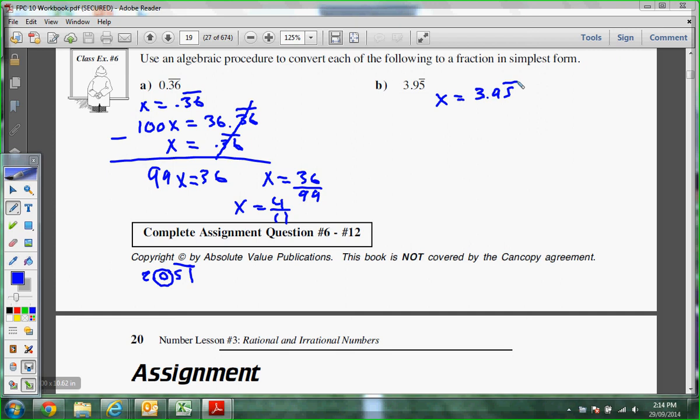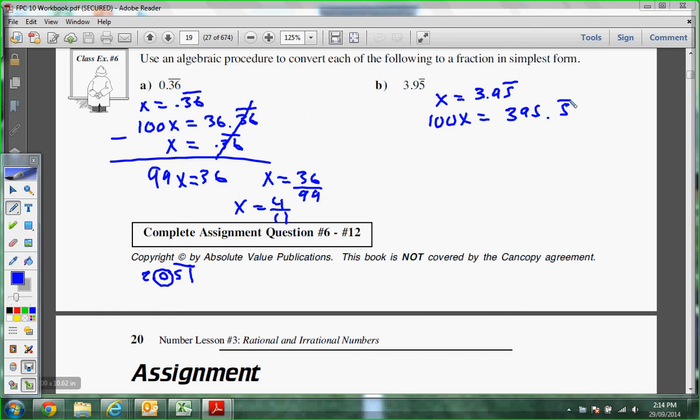Again, we're going to go 100x because it's the second place. So 100x equals 395.5 repeating.